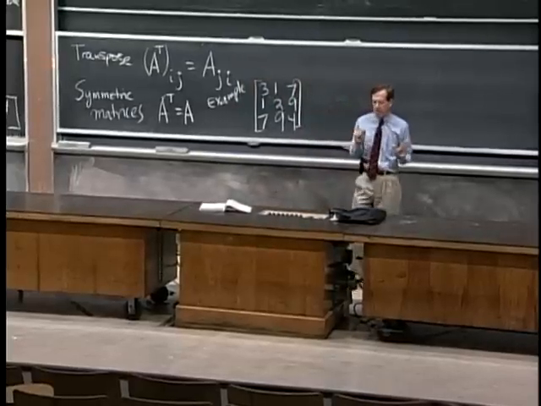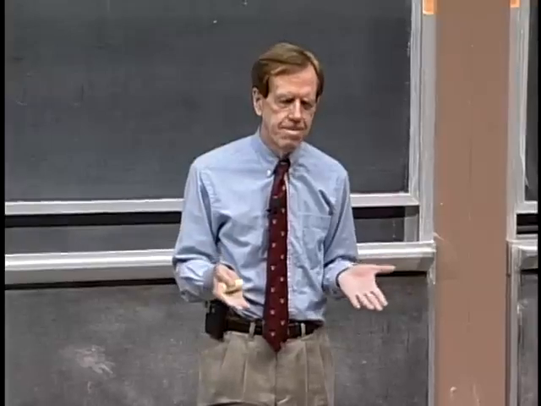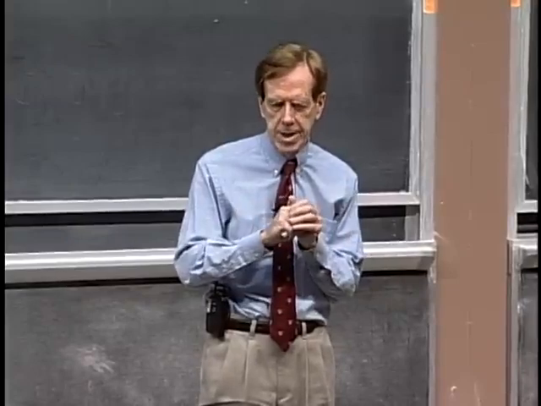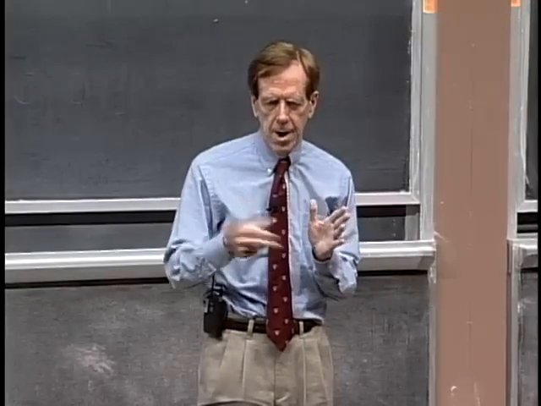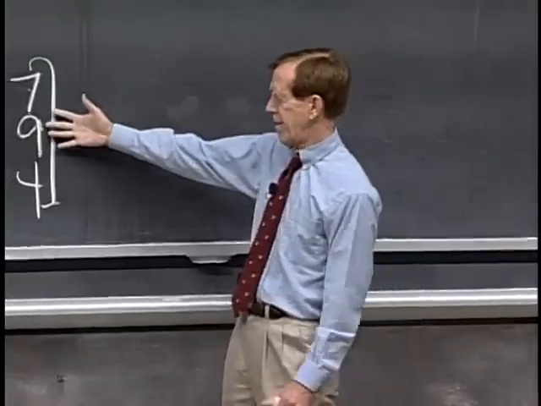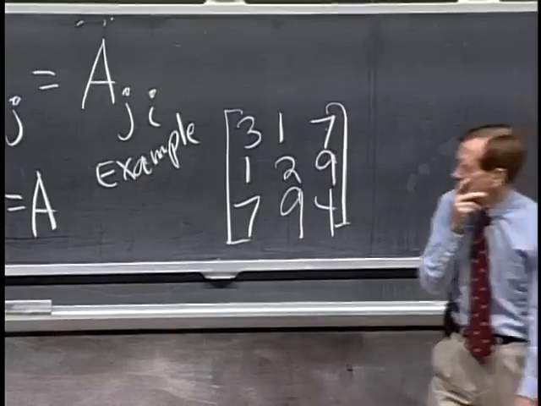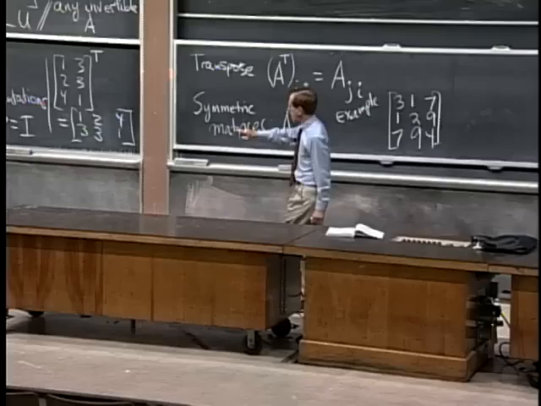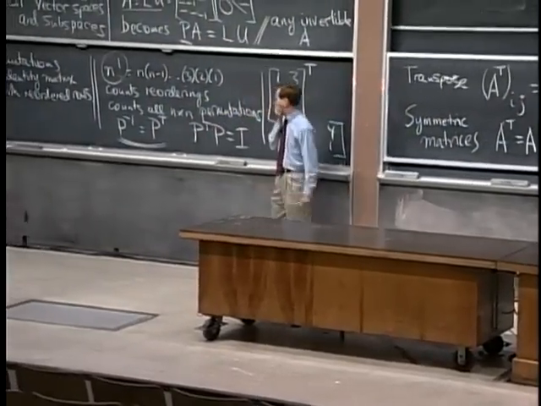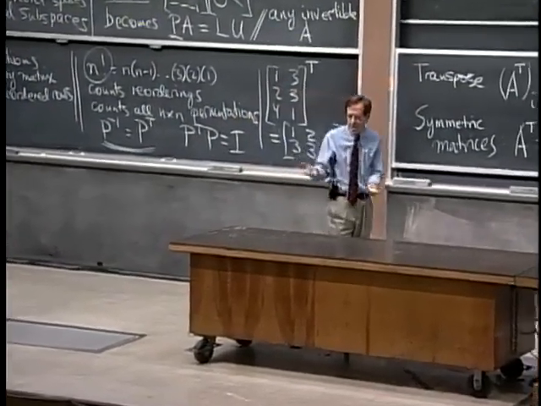So symmetric matrices have this property, A transpose equals A. I'm just asking you to notice this family of matrices that are unchanged by transposing. And they're easy to identify, of course. You know, it's not maybe so easy. Before we had a case where the transpose gave the inverse. That's highly important, but not so simple to see.